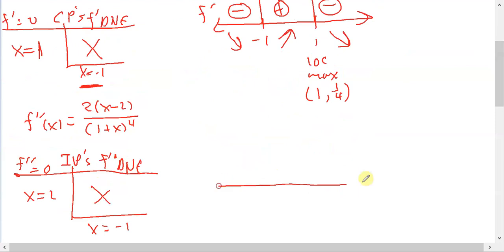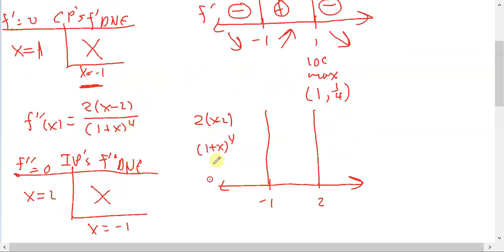So I set up my sign chart using -1 and 2, and I put my factors over here: 2 times (x minus 2) and (1 plus x) to the 4th. This is for the second derivative. This one is 0 here, and this one is 0 here. The first is linear with a positive slope, so it's negative, becomes 0, then positive.